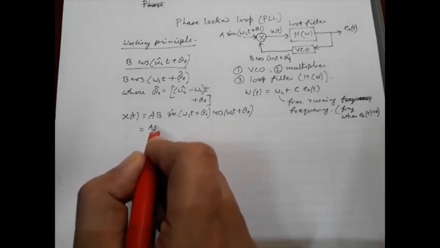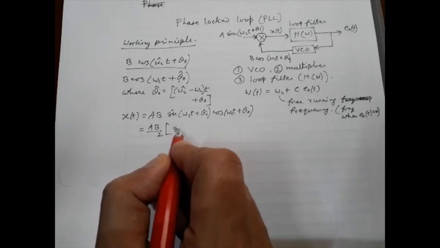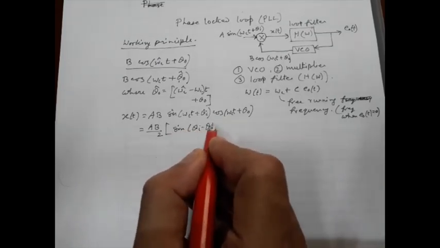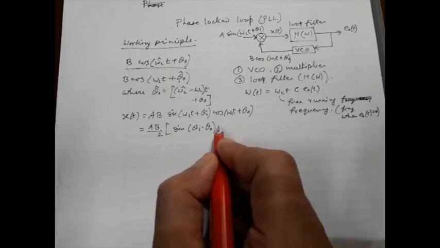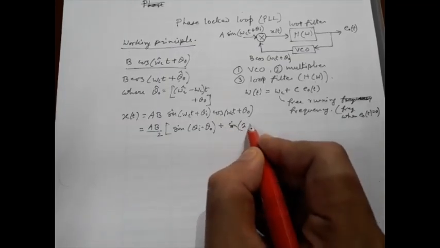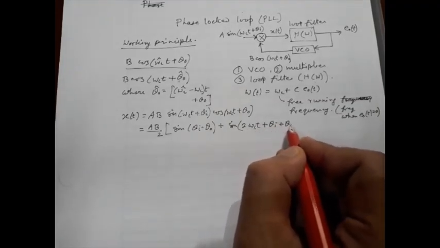Using trigonometric manipulation, we can write sin(theta I minus theta 0) plus sin(2 omega c t plus theta I plus theta 0).